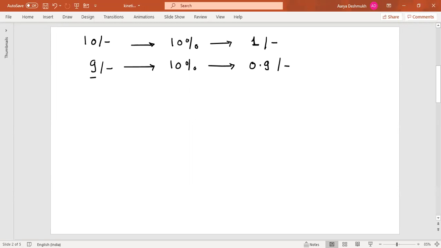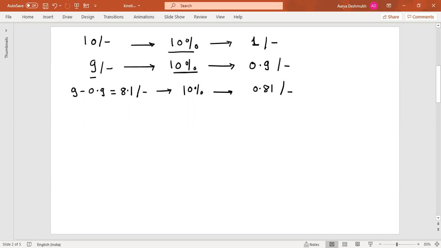Now I am left with 9 minus 0.9, so it is found to be equal to 8.1. Now I have this 8.1 rupees, and if I give you 10% of this 8.1 rupees, that will be 0.81 rupees, and so on, isn't it? Here, what am I doing?